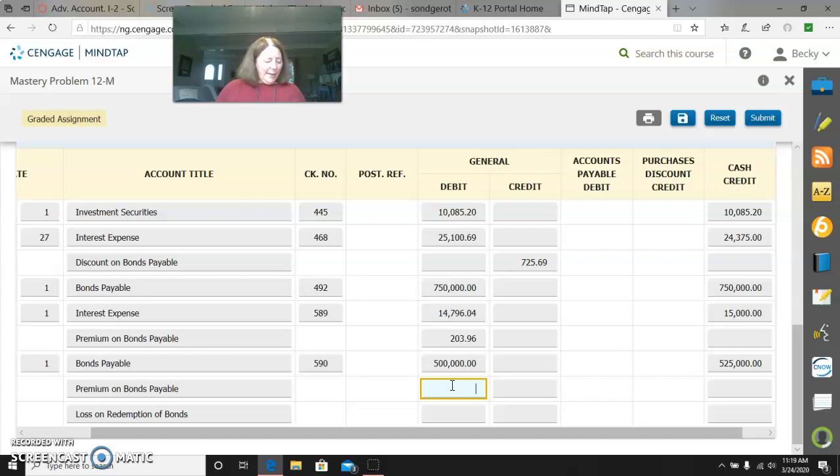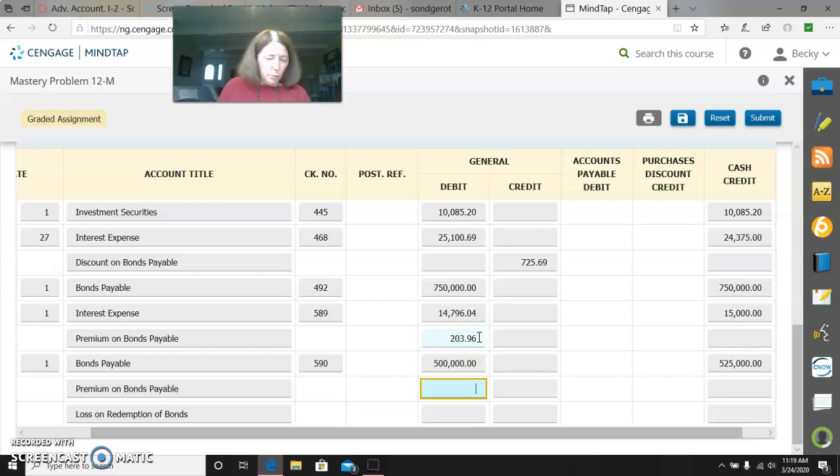So the carrying value, this is the tricky part. At January 1st, in the previous transaction, it had told you that the carrying value was 501,560.51. And then in this last transaction, we debited the amortization.